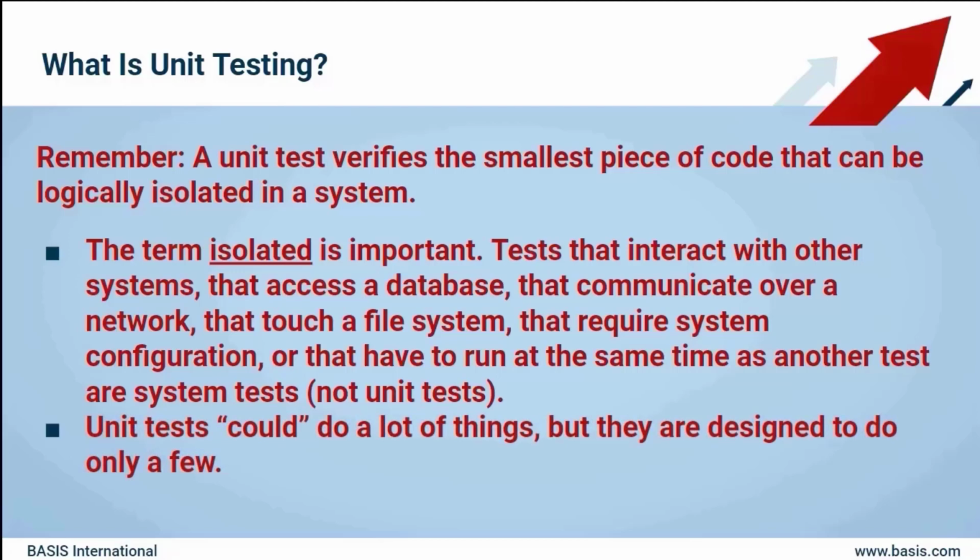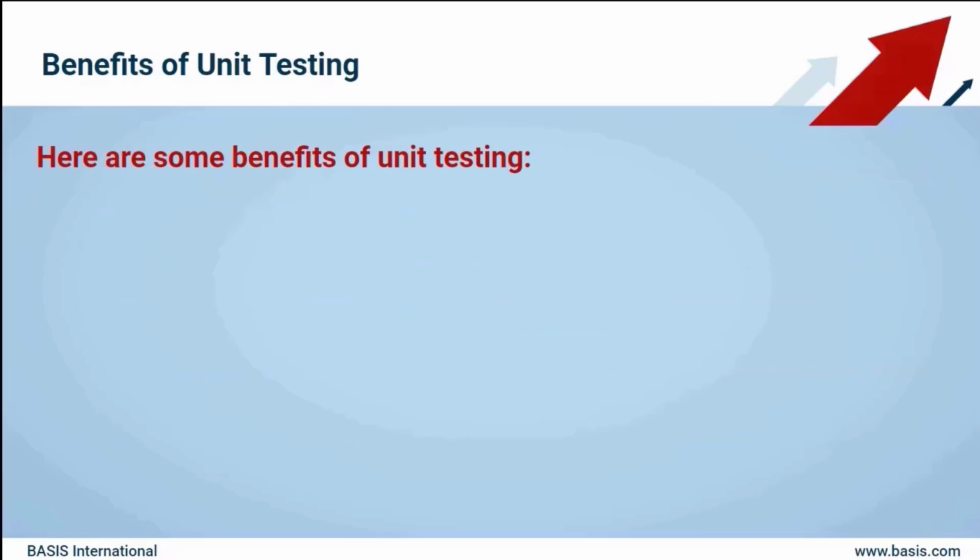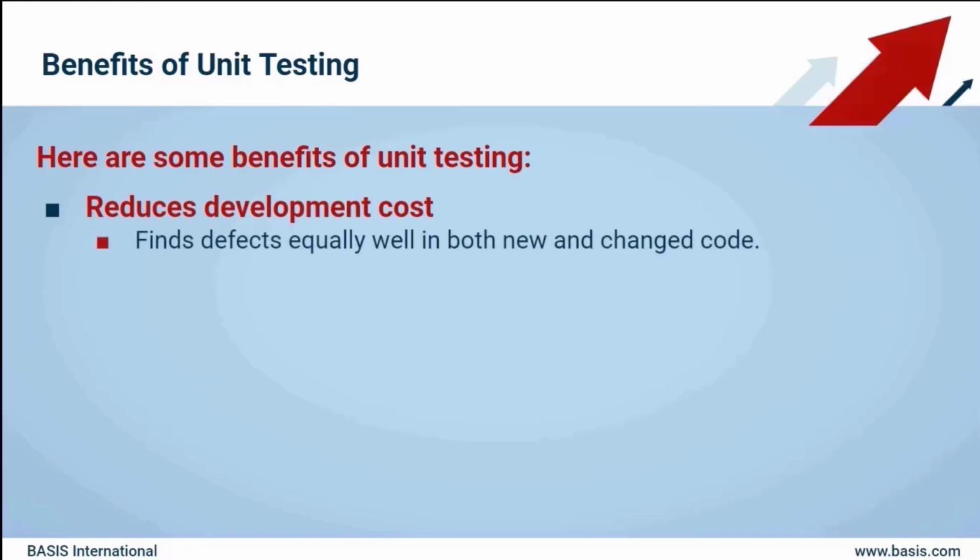Now, unit tests could do a lot of things, but the framework of unit testing is really designed to do only a few simple things, and that's what helps it be efficient, effective, and useful to a developer. So here are some benefits of unit testing. It reduces development cost. Why? Well, it helps the developer to find defects in both new and changed code.